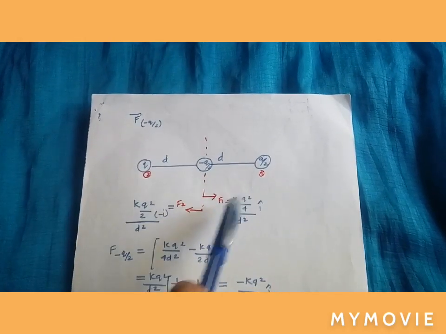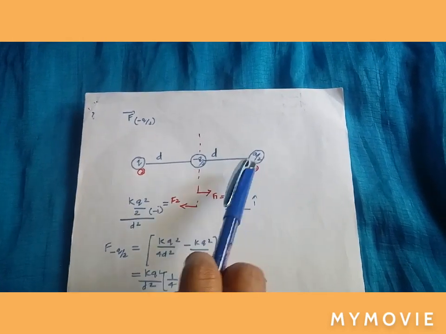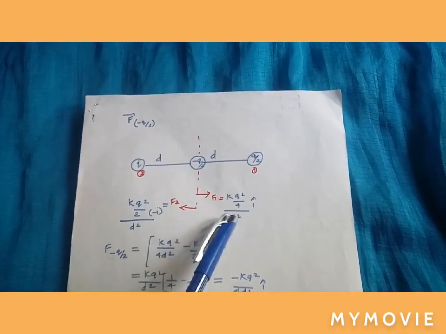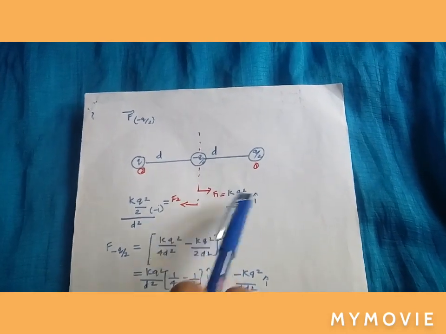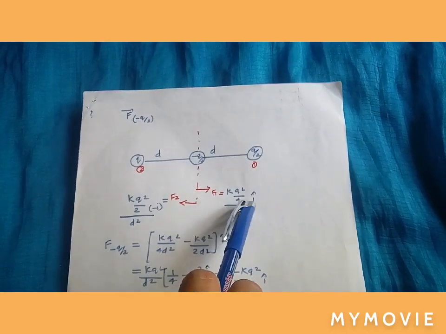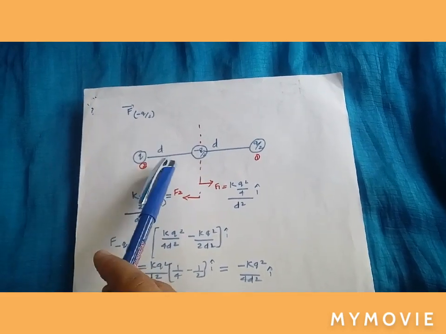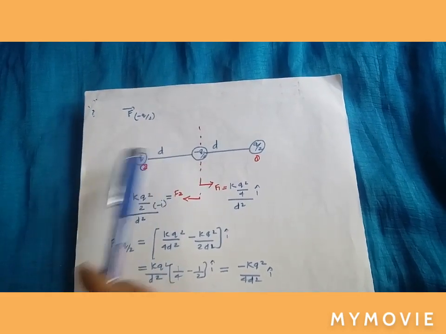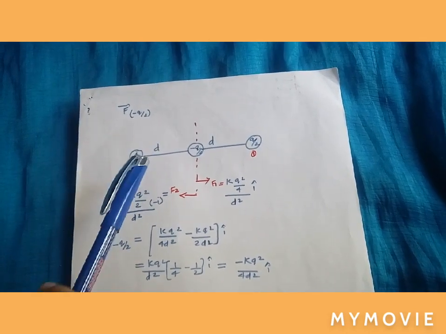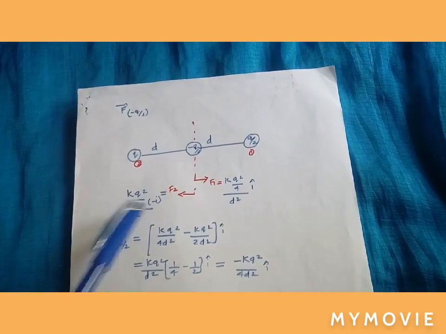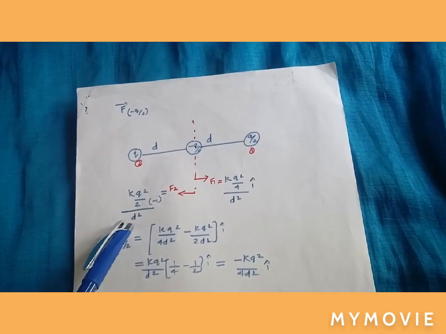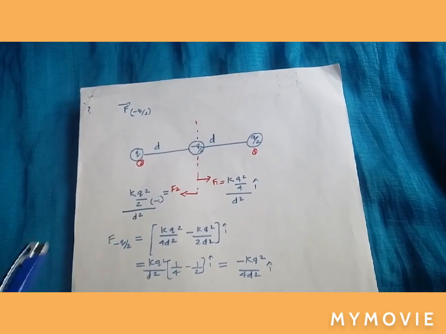The product of charges gives k q square by 4 divided by the distance d square, and it is towards the right, that is i. And here also we have to find it for minus q by 2, that is also attractive, and d is the distance, and towards the left means minus i. So k q square divided by 2 divided by d square into minus i.